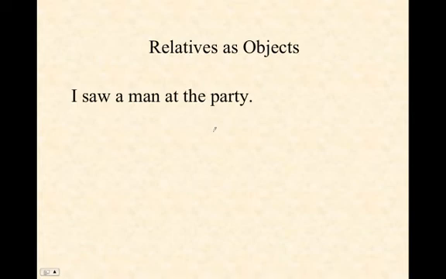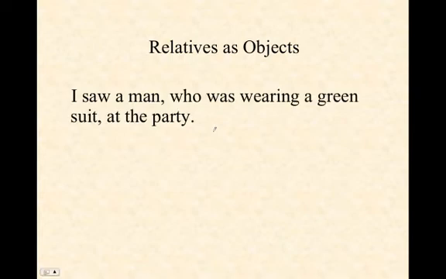Okay, as I said, not all relatives are subjects of verbs. They can be objects. Here's an example in English. Going back to our famous example, I saw a man at the party. I saw a man who was wearing a green suit at the party. In that first example I gave you, who here is the subject of the verb was wearing. Now let's see a relative as an object.